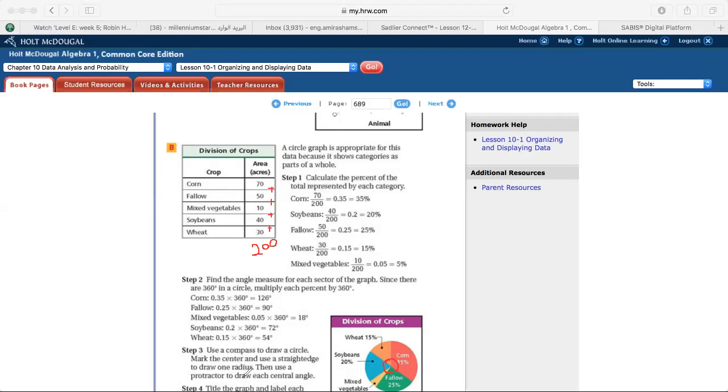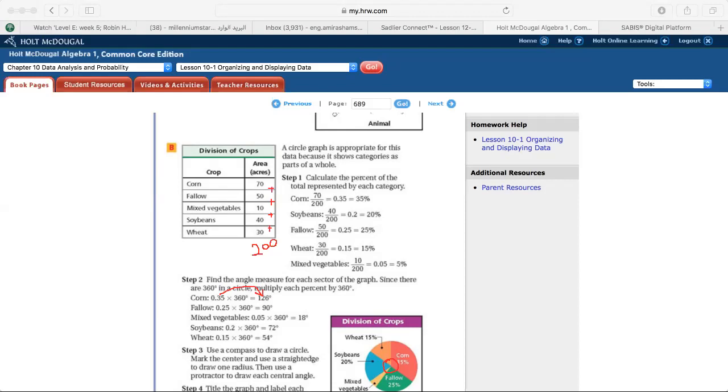I want to know how many degrees this part is in the angle. Again, 360 is the whole angle, and I know that the corn is 0.35 of the angle. I want to convert it to angles.